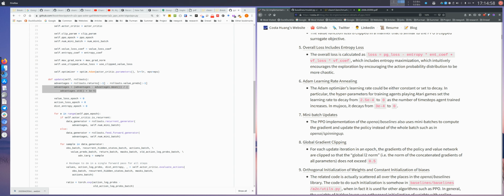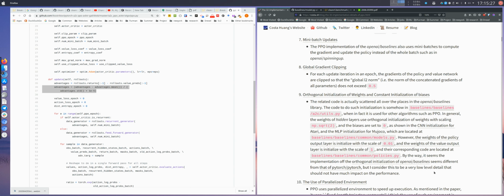And then there are also the mini-batch updates. The PPO implementation of OpenAI baselines uses mini-batch updates to compute a gradient and update the policy instead of using the whole batch as in OpenAI Spinning Up. So that is another discrepancy between the PPO implementation of OpenAI baselines and that of other libraries.